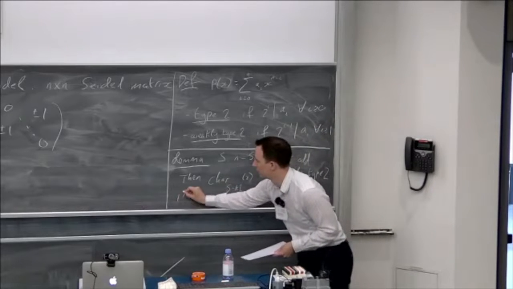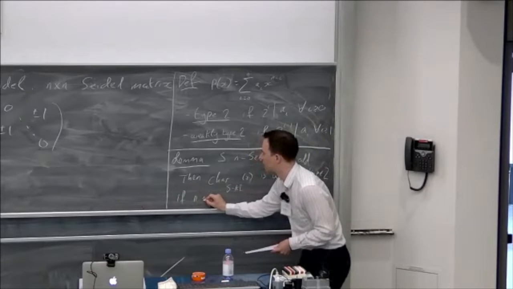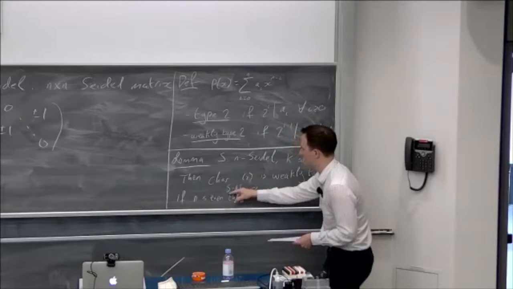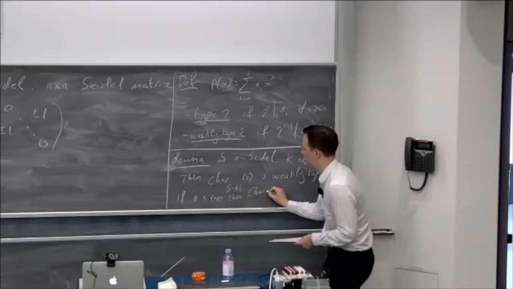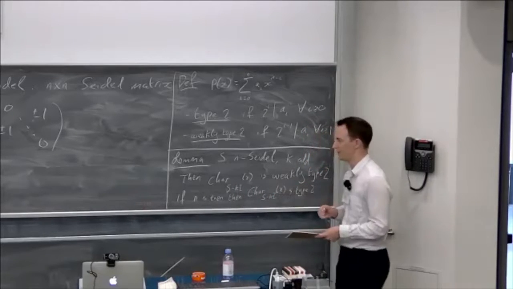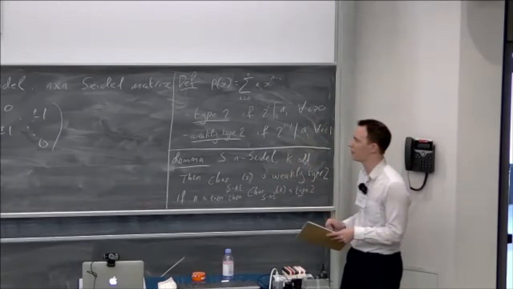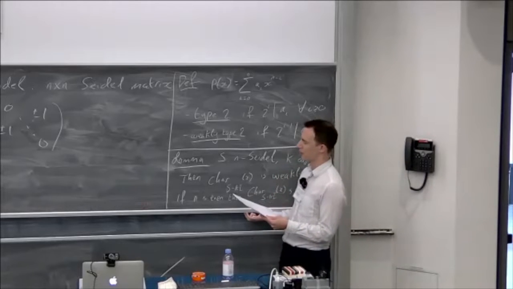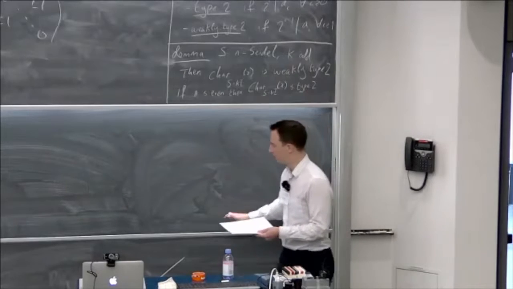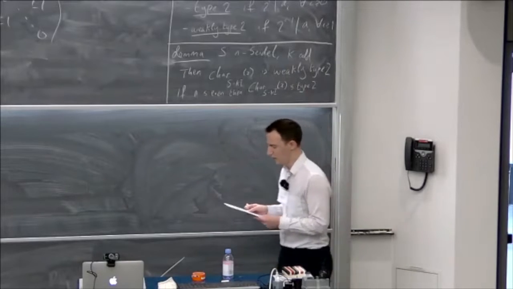Okay, so this is what we built up to last time, and today I'm going to start off by showing you a very important technical lemma that uses these facts.